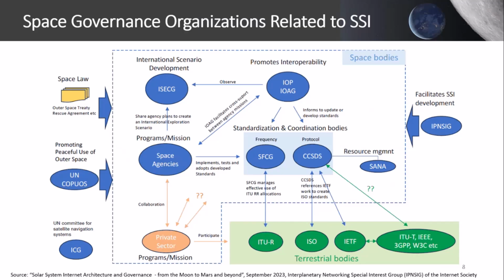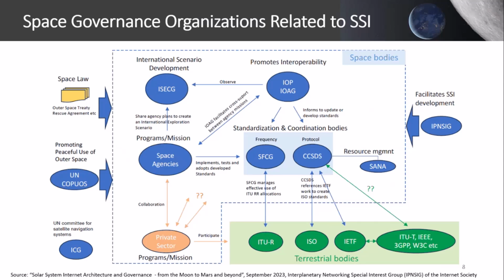COPUOS promotes the peaceful uses of outer space, and ICG, which is the UN's International Committee on Global Navigation Satellite Systems, which is not a regulatory committee, but does influence navigation satellite systems for compatibility in the terrestrial environment.